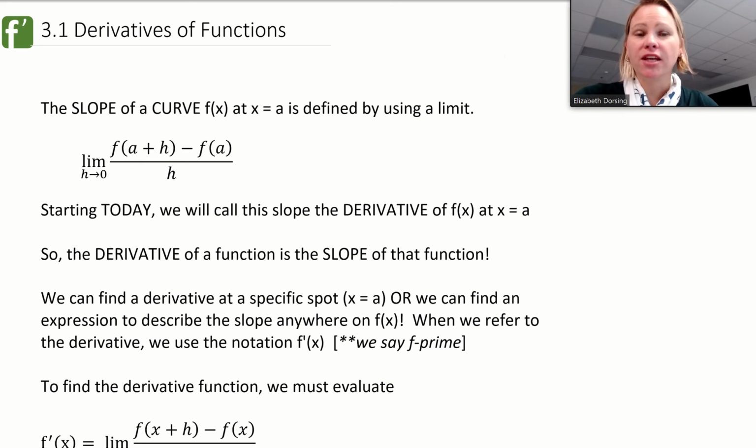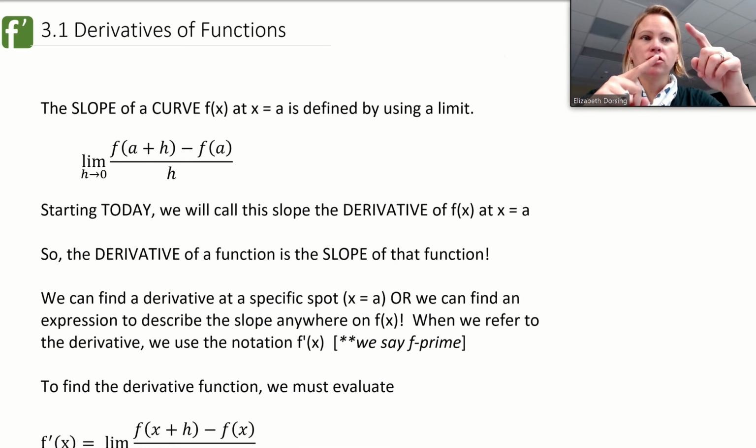So we've defined the slope of a curve at some value a on the curve using this limit here, f of a plus h minus f of a all over h, and the limit of this quantity as h gets smaller and smaller. Remember, what you're doing is you're finding the slope between 2 points on the curve, and those points are just getting so close together, and h is the difference in the x values between the point you want to know about and the point that's getting closer.